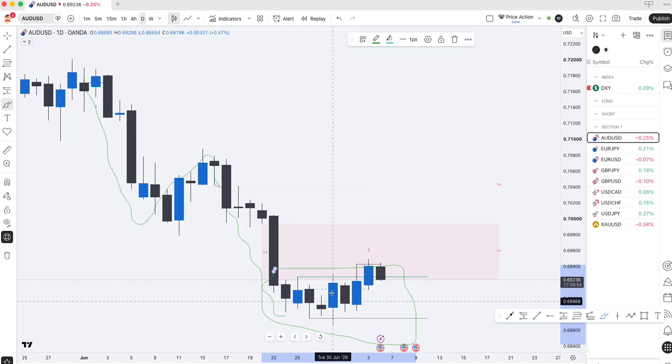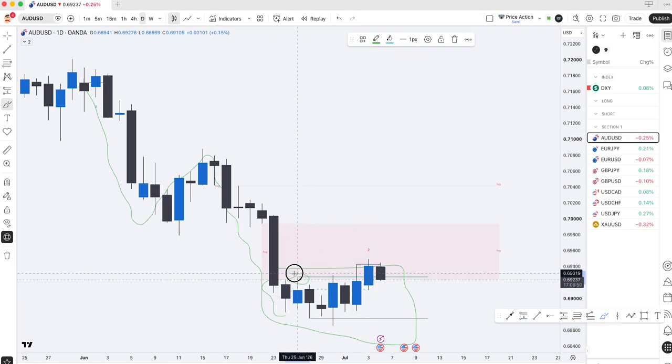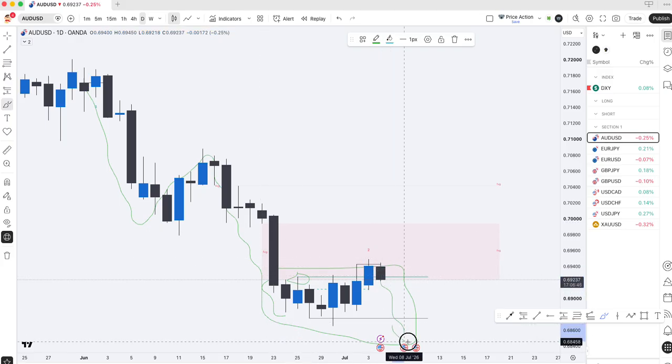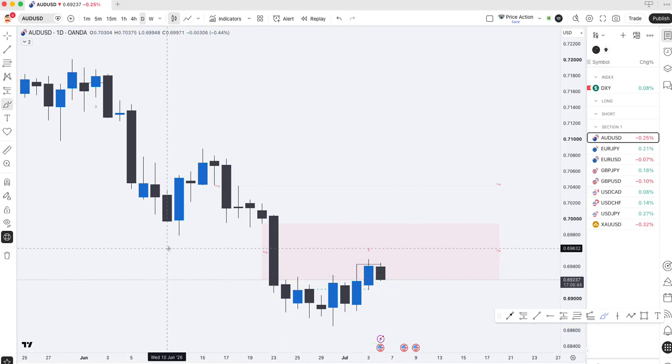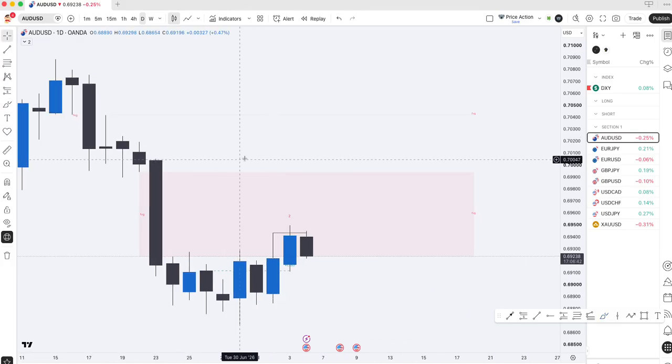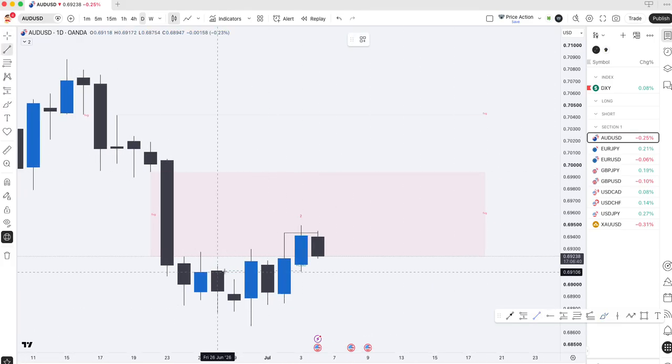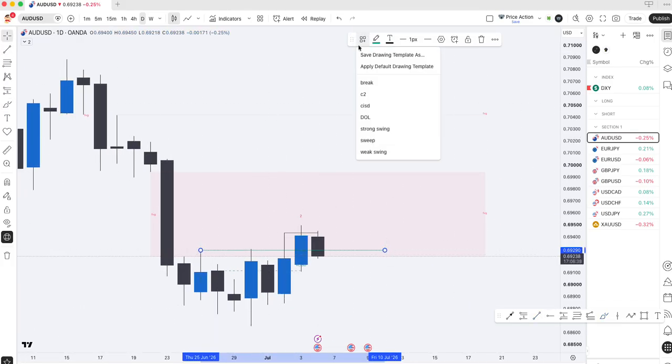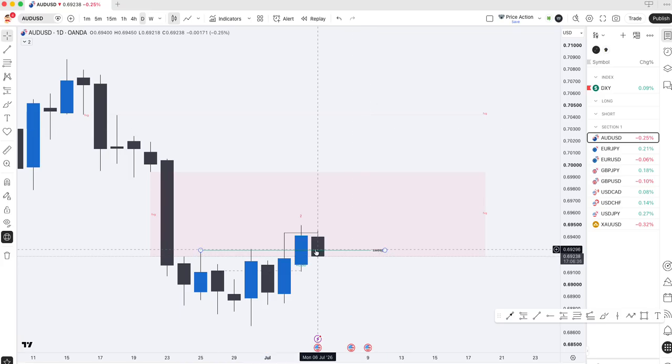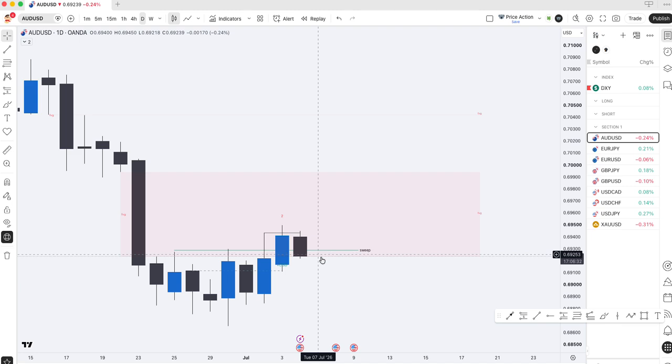What do we get? Once consolidation is over, we get a sweep of the opposite side of liquidity, tap into FVG, and then continue going to the downside. So I'm expecting price to sweep, tap into liquidity, tap into fair value gap, and continue going to the downside.